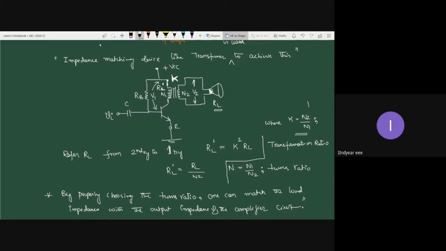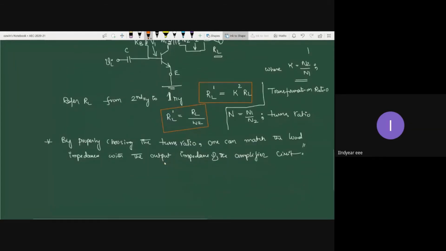By matching this, you will be able to achieve higher efficiency. That's the discussion now. So let us get into the analysis.